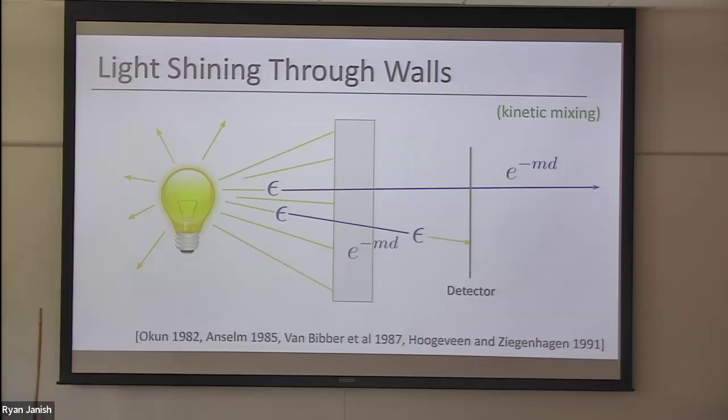The wall that we envision is a superconductor. There's some finite penetration depth of real photons into the wall. What is the dielectric constant of the superconductor?